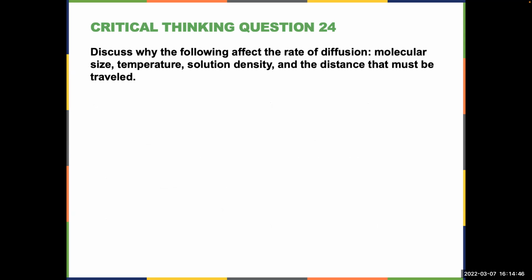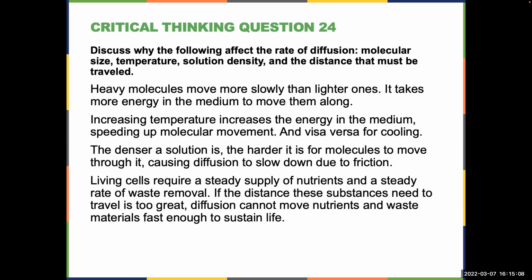Okay. Next question, discuss why the following affect the rate of diffusion: size, temperature, and density. Oh, and distance. Okay, pause the video and try to answer. Okay. Heavy molecules move slower. Hotter temperatures speed up molecular movement.